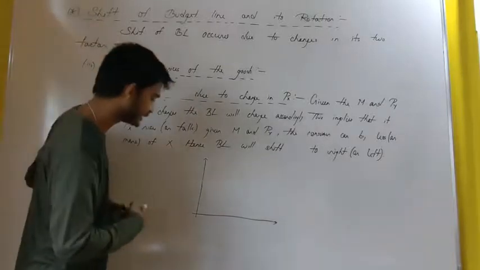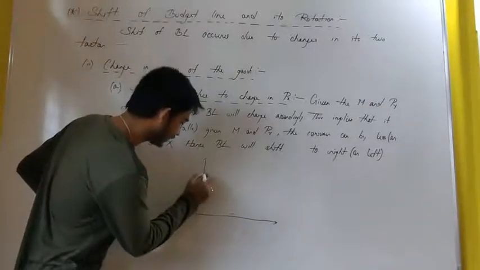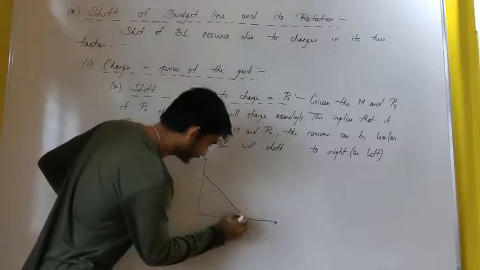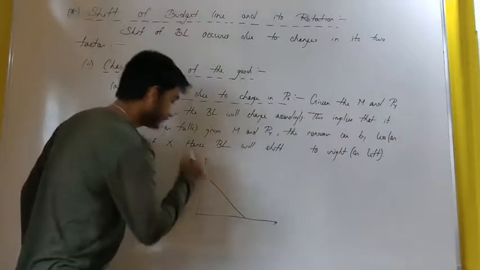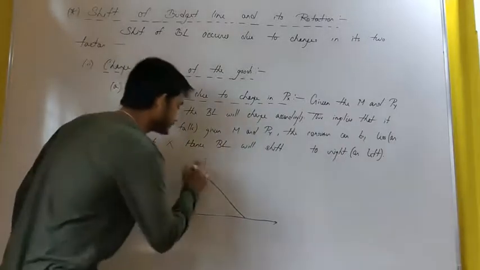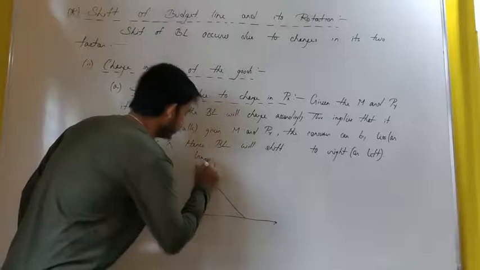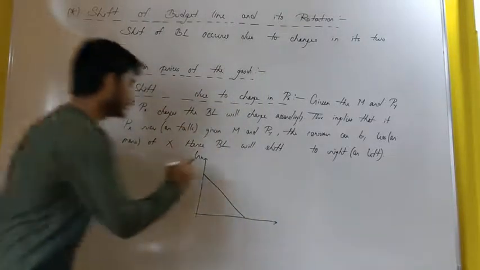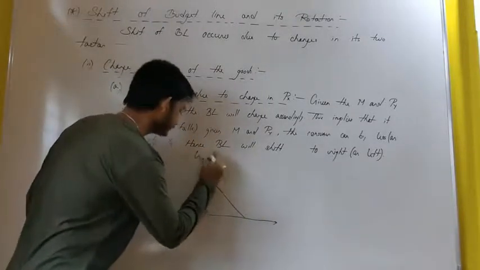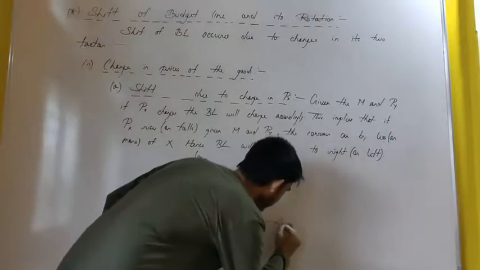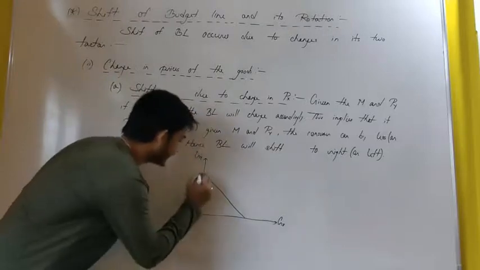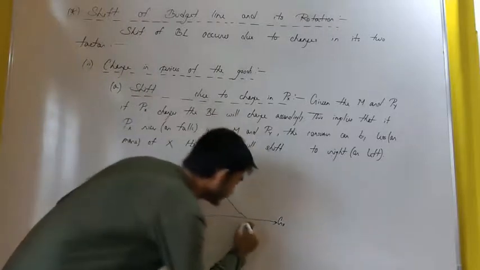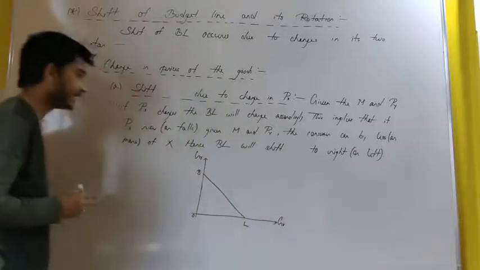So anyways, let's stick to our main course. First make two axes. In the vertical axis we are measuring good Y, and in the horizontal axis we are measuring good X. The initial budget line is given by BL.